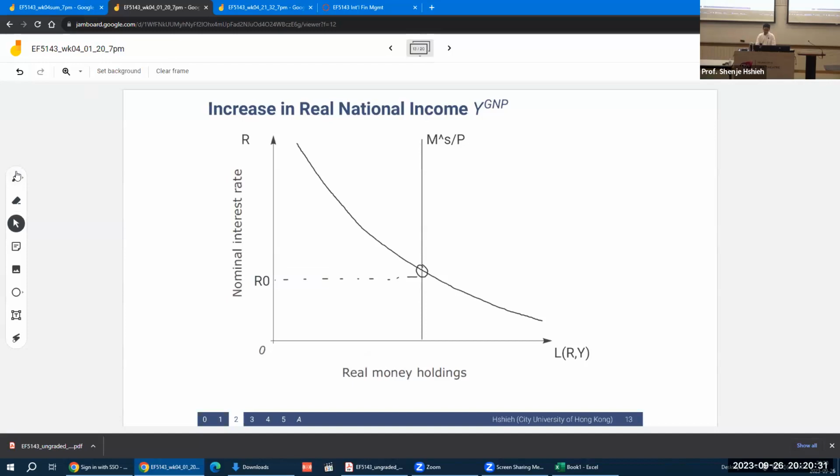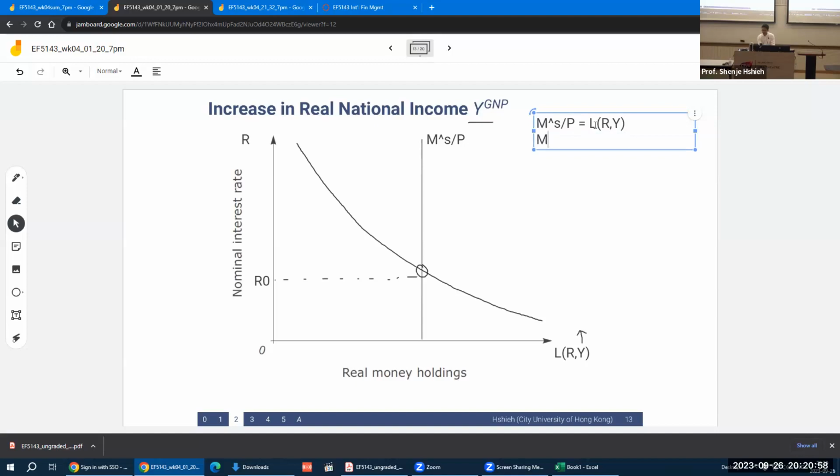All right, so what's going on? We're going to increase Y. That means this increases here. So before I show you the graph, let's just walk through the math, which I think is perhaps easiest for those of you who have no intuition, which is fine. We have the following equation, MS over P equals L(R, Y).